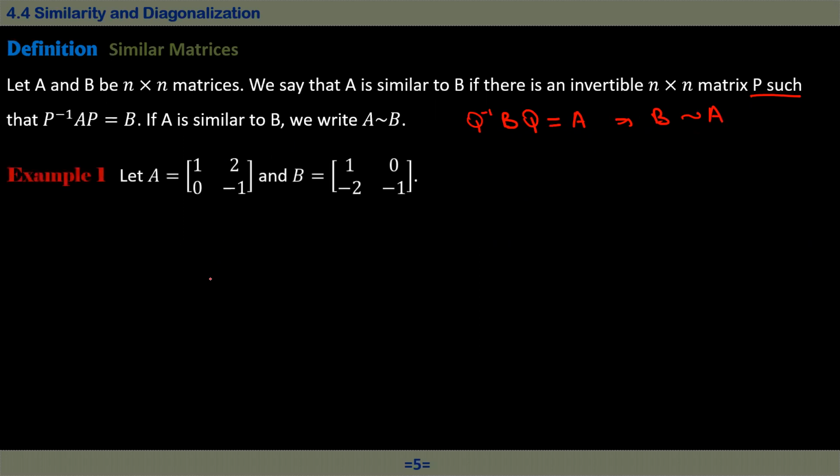Anyway, let's see this example. Matrix A is 1, 2, 0, -1, and B is 1, 0, -2, -1.